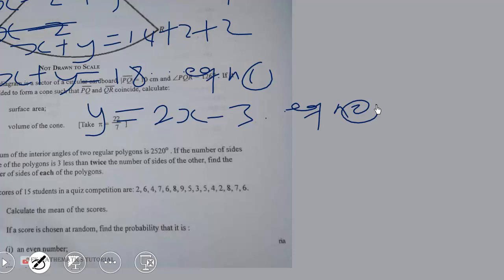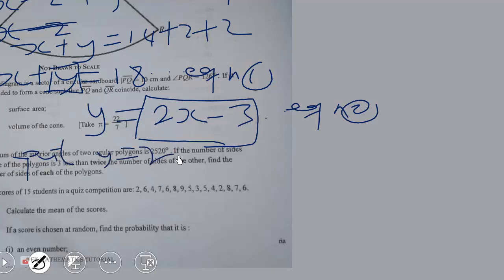Now we can put this 2x minus 3 wherever we see y in equation 1.